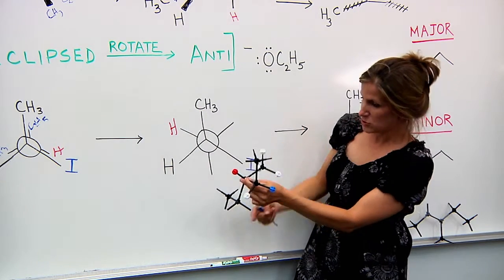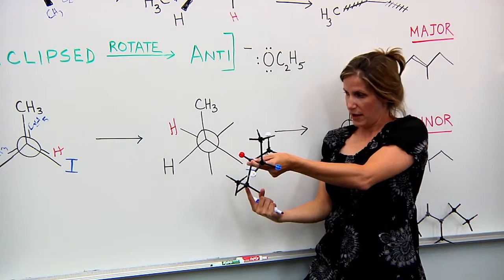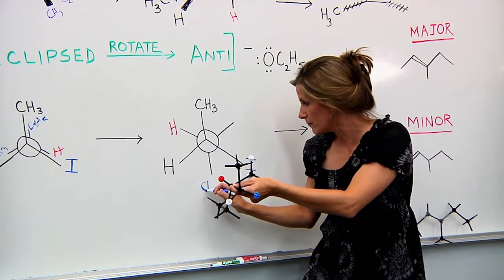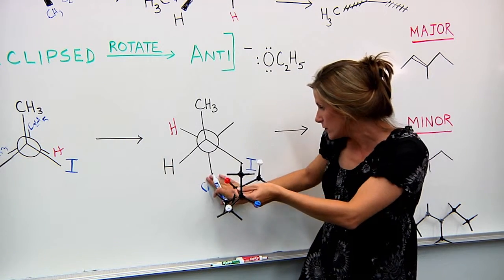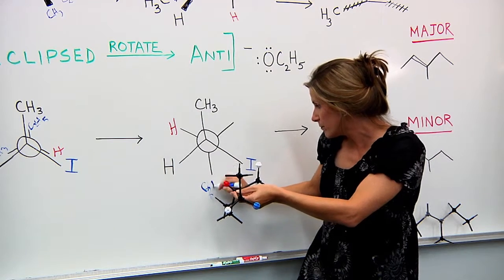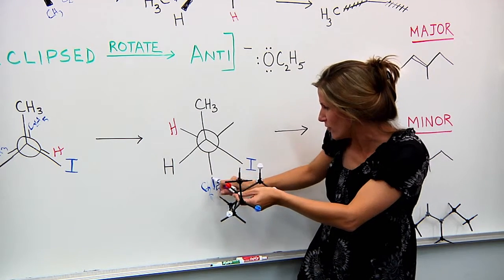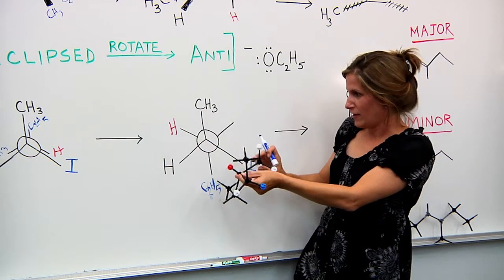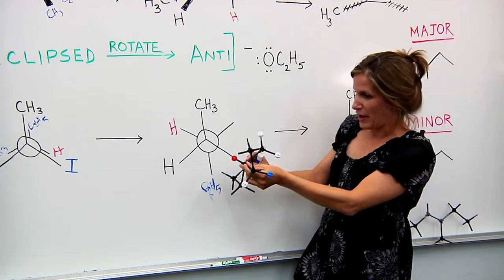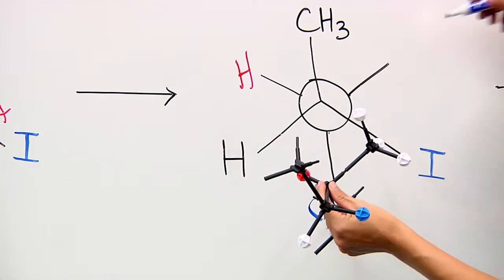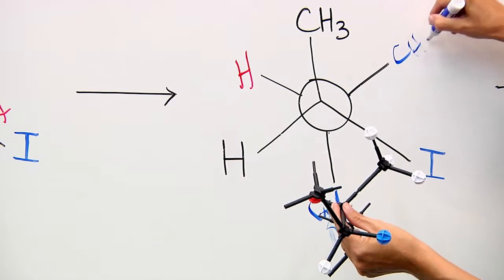In the anti-position to it, you have the ethyl group. That's an H, sorry. And then you have the hydrogen in the front here, and in the anti-position to it, you've got a methyl group.